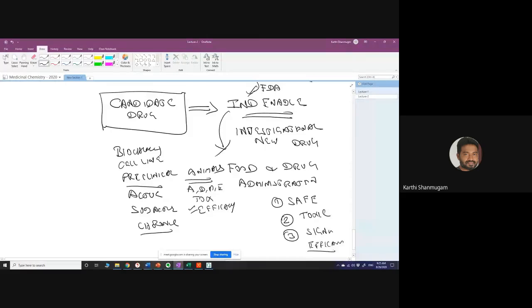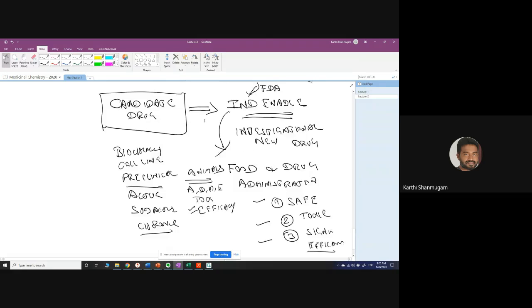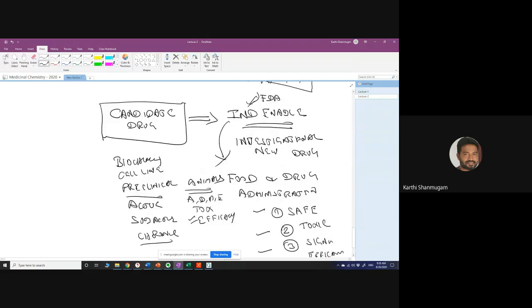So these are the three categories they will look for in your application form. Once your application is satisfactory, once the maximum number of panel members accept the experiments you have performed to ensure the safety, toxicity and efficacy of the molecule on animals, then they may approve your application. So your investigational new drug application will be approved by FDA if you have very satisfactory data.